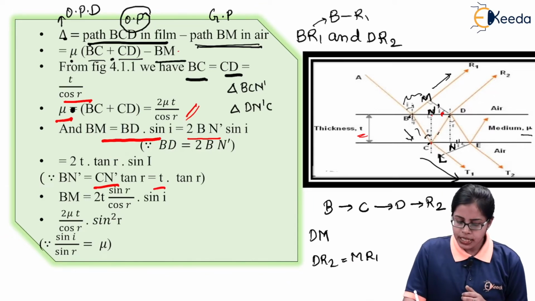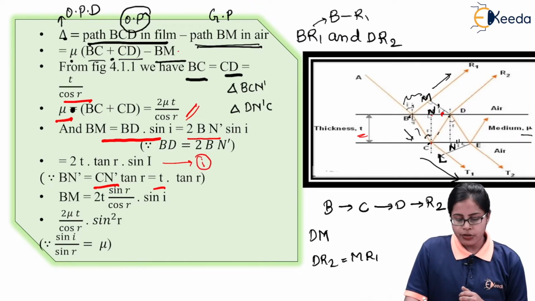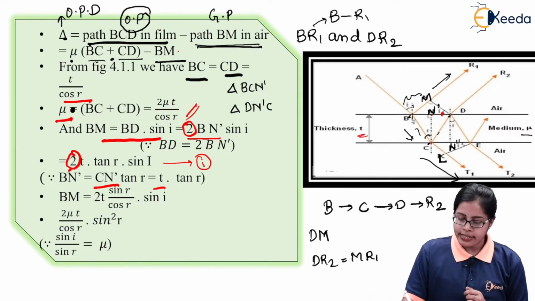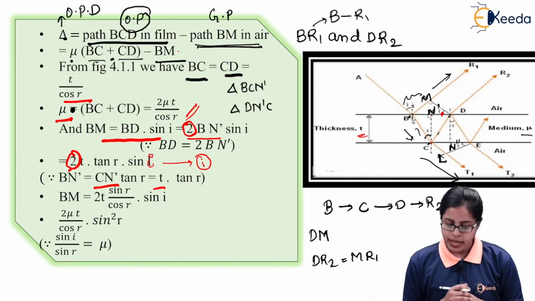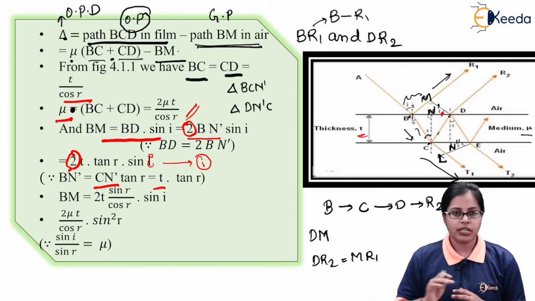So in the above equation, that is equation 1, we can say that 2 is going to remain as it is, BN dash is getting replaced by T into tan R, and sin i is remaining as it is. So we are getting the value of BM as 2T tan R into sin i.